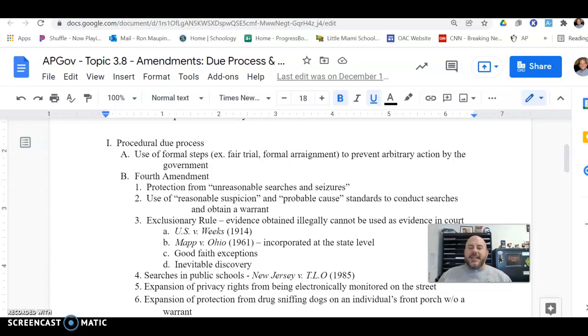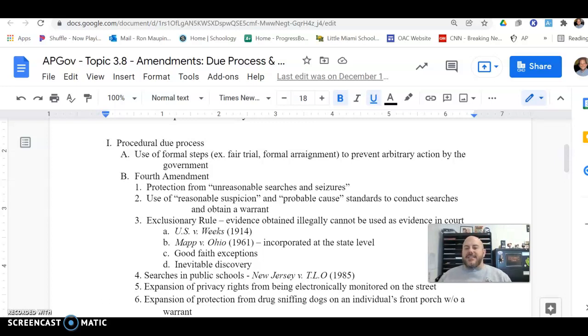The idea being is that, yes, even though people know that on the street they're not going to be in private. In other words, people that are on the street know that they're going to be seen on the street. There is a reasonable assumption that even people on the street are going to realize that they don't expect to be monitored by the government 24/7 if they are driving a car. So you'd have to have a warrant for that.